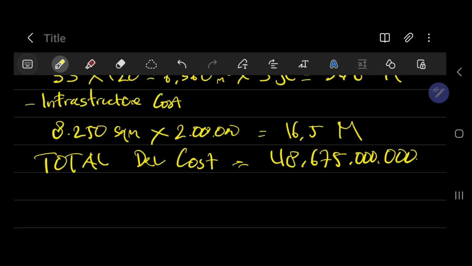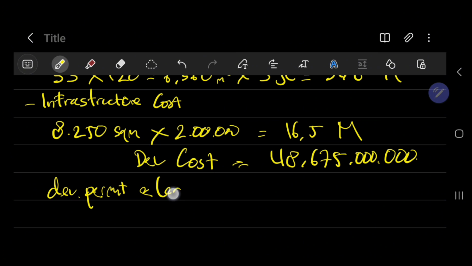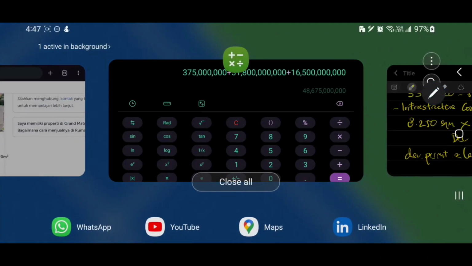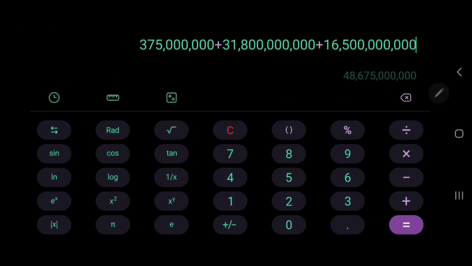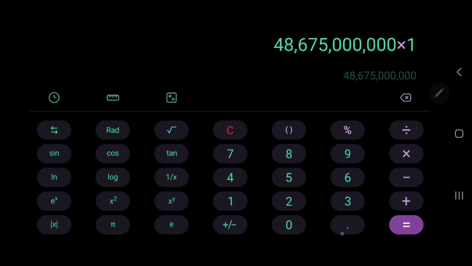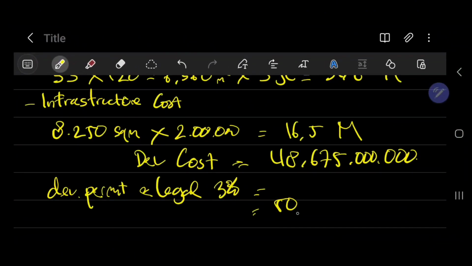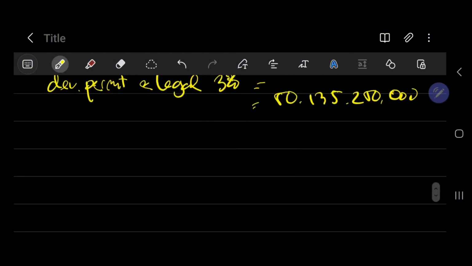We still will add the additional cost for permitting and all the legal. We put around 3%, so we just multiply by 1.03. So the total already includes the permit. It's around 50 billion.